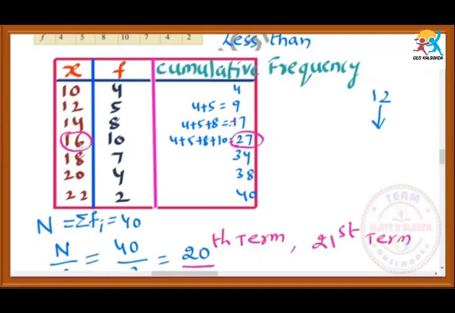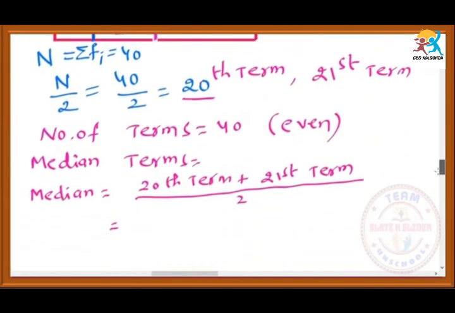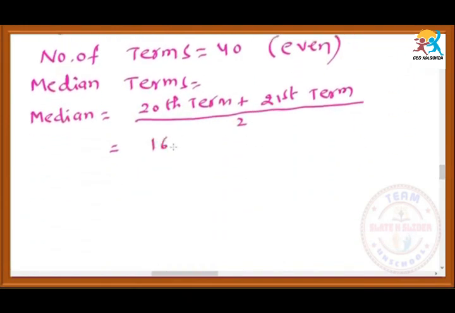So 16 lies between 17 and 27. So the 20th term and 21st term will be 16 only. So we add 16 twice and divide by 2. We get 16 plus 16 by 2, that is equal to 32 by 2, that is equal to 16. 16 is the median for this data.